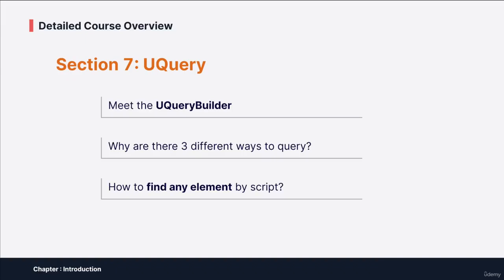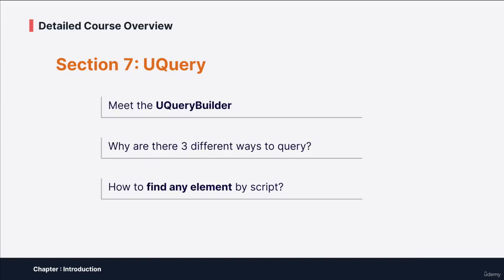And you want to maybe find the third button in the fifth column of the sixth row or whatever, or you want to find every second button in some column and stuff like that. This is what uQuery helps us to solve, to be able to efficiently find references to our elements that we then can manipulate.